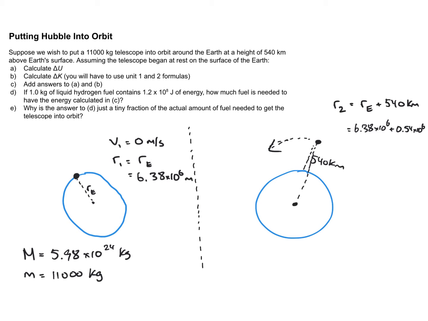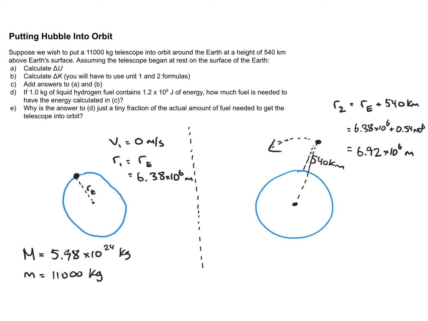Okay, so adding those two together will actually give me 6.92 times 10 to the 6 meters. So that's the distance of the telescope when it's in orbit from the center of the Earth.